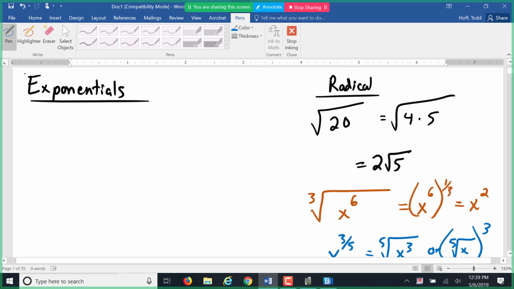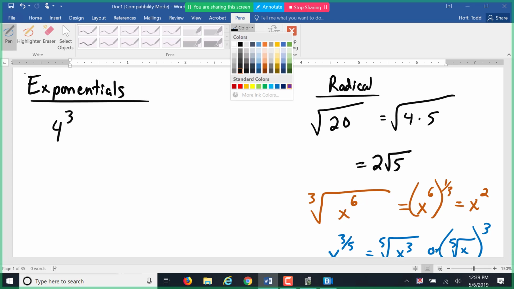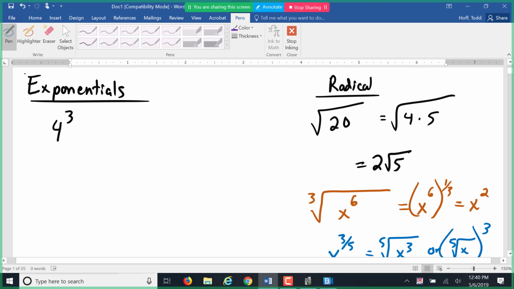Exponentials can be worked similar to that. If I have 4 to the power of 3, we can obviously calculate it out, and I'm going to trust at this point that you guys know how to use the power key on your calculator to calculate that. But sometimes there's going to be times where it's more beneficial to rewrite that as an exponent in a different number.